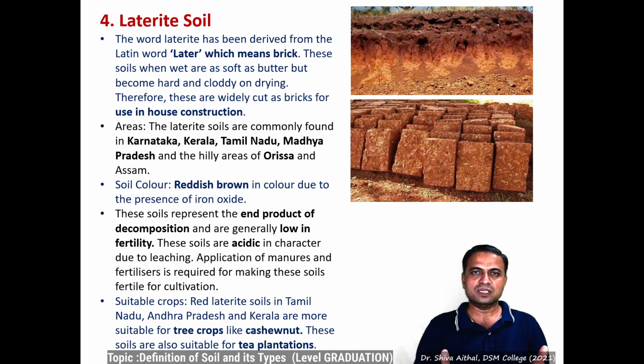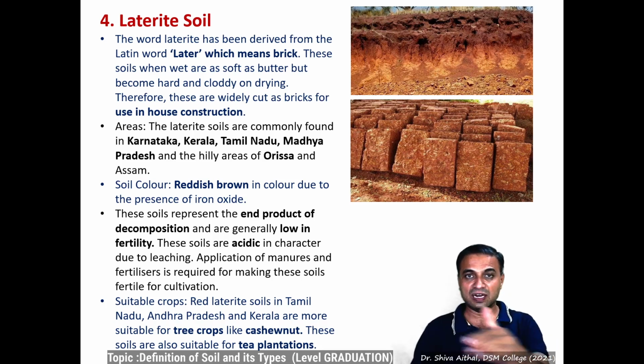Most of the South Indian wells use laterite soil bricks because it is highly porous in nature, very strong, and has a very good filtration capacity. These laterite soils are commonly found in Karnataka, Kerala, Tamil Nadu, Madhya Pradesh, and hilly areas of Orissa. The soil is reddish in color due to presence of iron oxide. So that is a very good material for well construction.